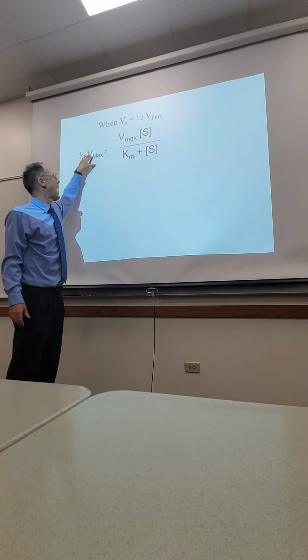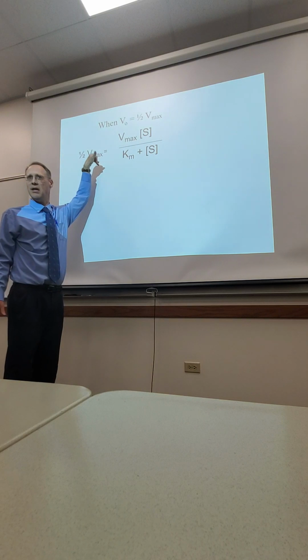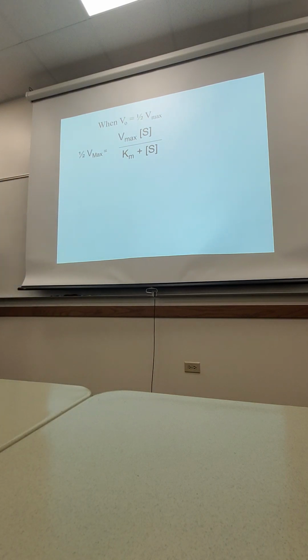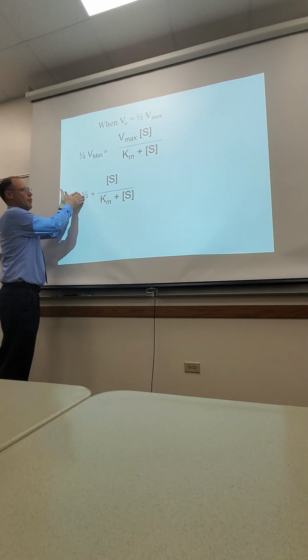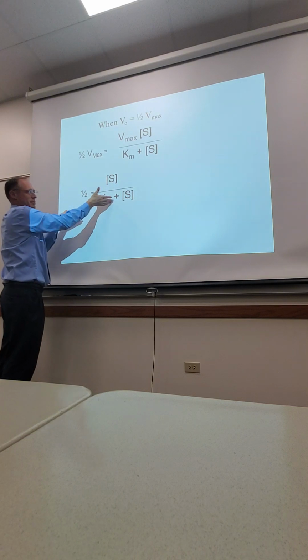If this is 1/2 of Vmax, then I can plug in some cool numbers here, which says I can cancel out the Vmax, and now I have 1/2 is equal to substrate over Km plus substrate, right?